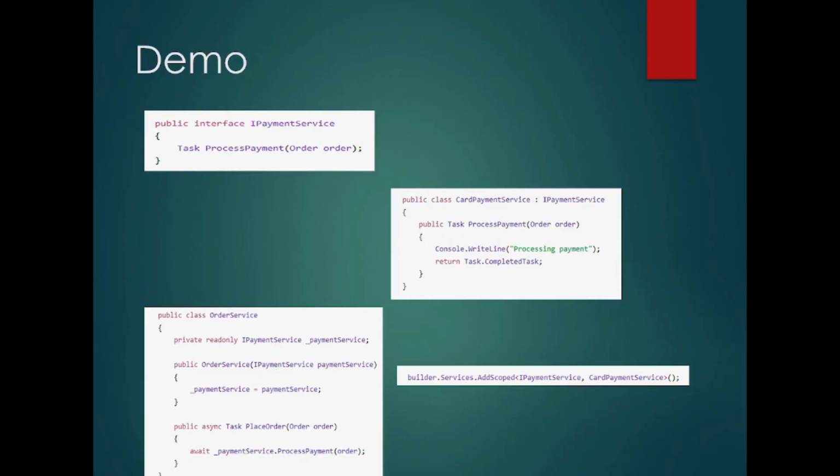The order API will call the order service. The order service will call the IPaymentService. IPaymentService has been injected through the constructor as a dependency injection, and it will call process payment. Similarly, we can call INotificationService, ILoggingService, or IInventoryService. Okay, so we have given an example.